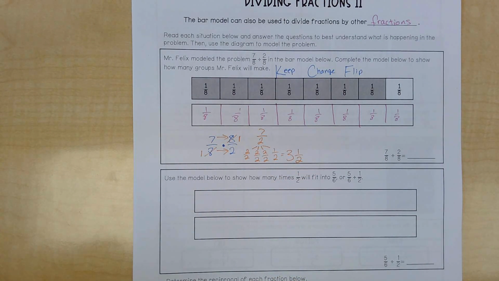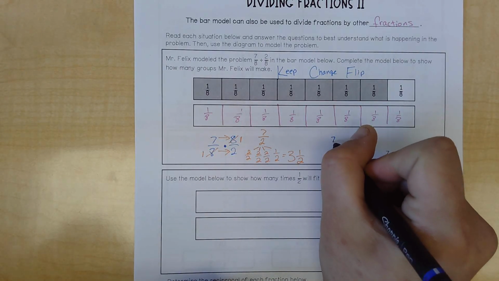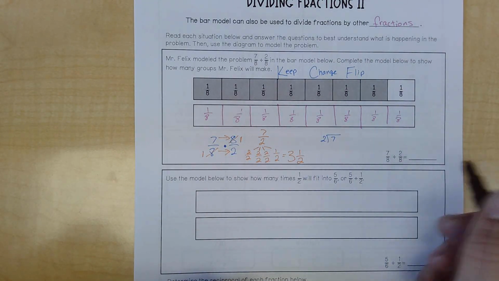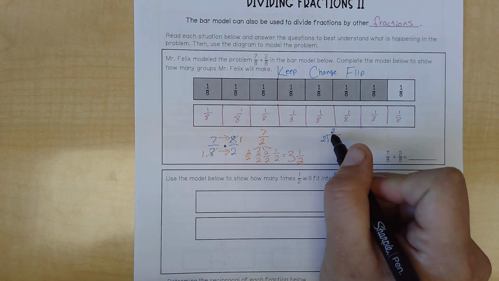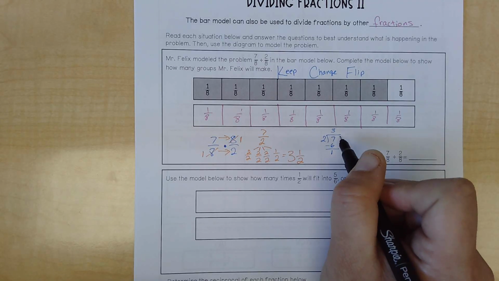You can also just divide. Obviously, that's going to be a great way as well. So we have 7 divided by 2. 2 goes into 7 3 times. 3 times 2 is 6. 7 minus 6 is 1.